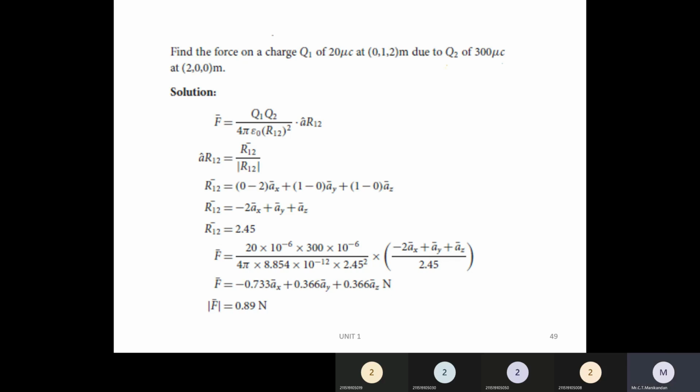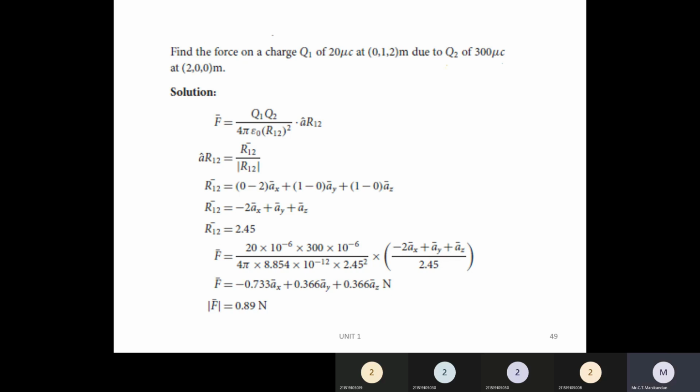They have given it in terms of points. So what do you have to do there? F vector equals Q1 Q2 divided by 4 pi epsilon naught R12 square into aR12. So that aR12 equals R12 vector divided by modulus of R12.